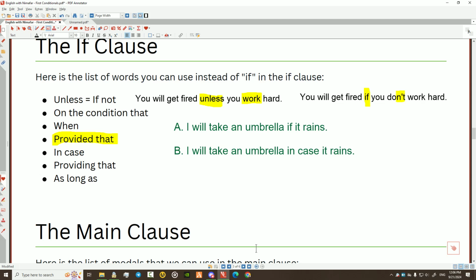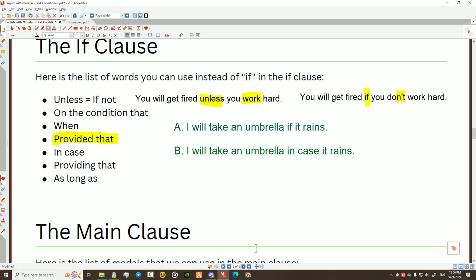Exactly like that. You will pass your exams if you study. So first you should study, then you can pass. You cannot pass first and then come and study. That's ridiculous. But B says, no, right now it's sunny. The weather is sunny. Very good.